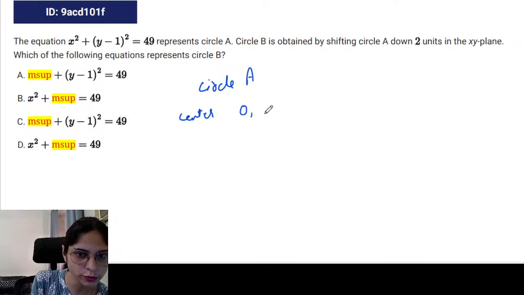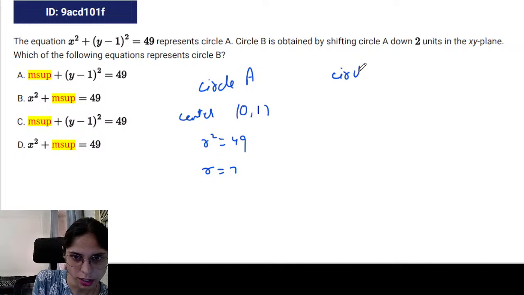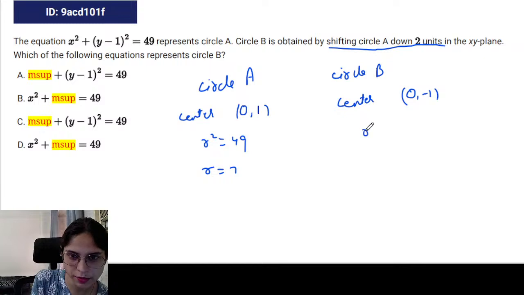For y it is going to be 1. 49 is your radius squared, so radius is 7. Now circle B is obtained by shifting circle A down 2 units. If you are moving down 2, your center will be moved down 2. So from (0, 1) it will become (0, negative 1). Everything else is the same, so radius is 7.